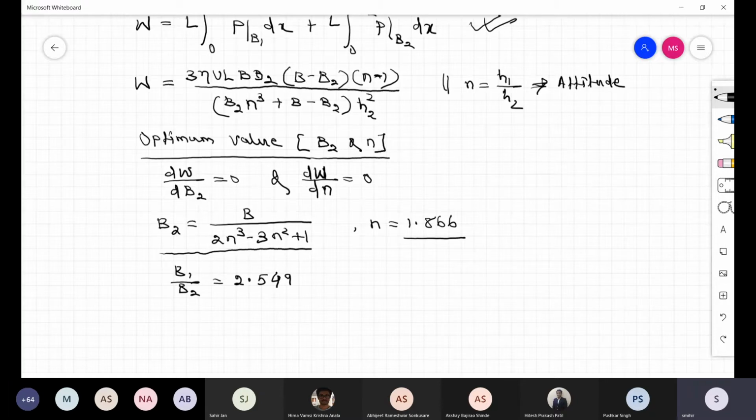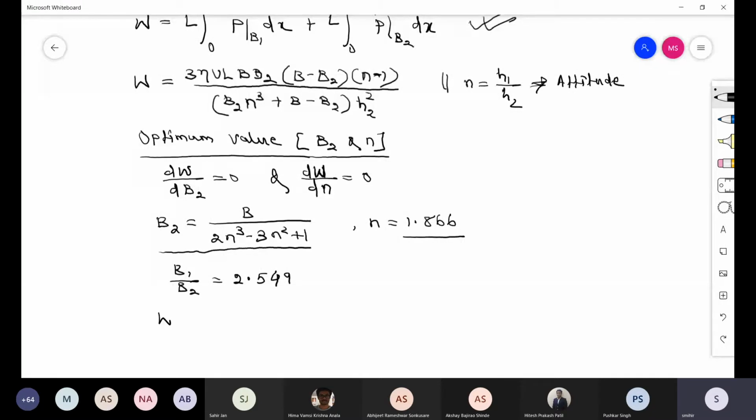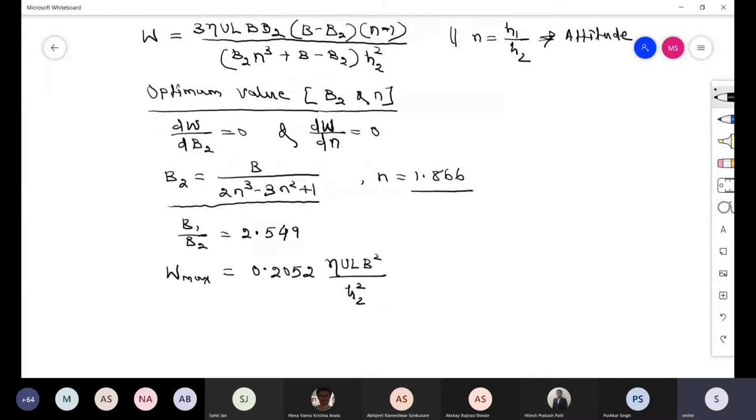So using these values, if you find out the load maximum, okay, so this is for finding optimal load carrying capacity, and we found the maximum load as this. So now you solve for this problem. You go ahead and solve, homework.